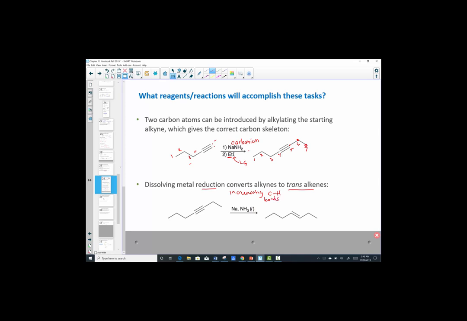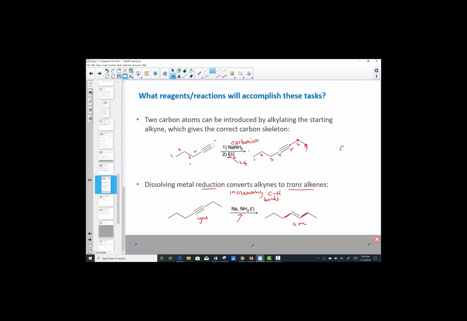We've added 2 hydrogens to go from the -yne to the -ene in the trans position. And again, I have to go back to my toolbox and remember that sodium in ammonia creates the trans configuration. Had we asked for a cis configuration, we'd have used Lindlar's catalyst.